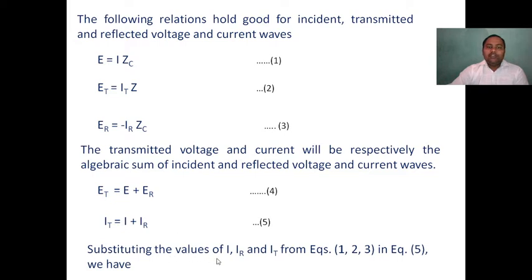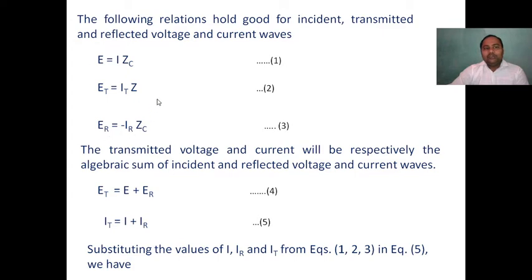Substitute the values of I, IR and IT from equations 1 to 3 in equation 5. What are the substituting values? The I value is E by ZC, the IT value is ET by Z, and the IR value is minus ER by ZC.